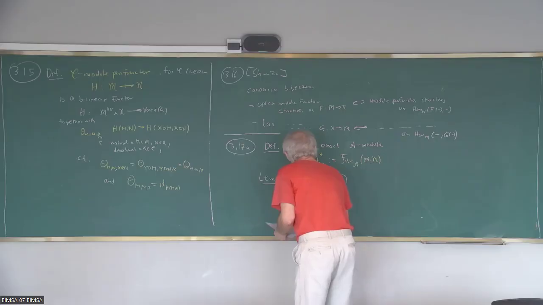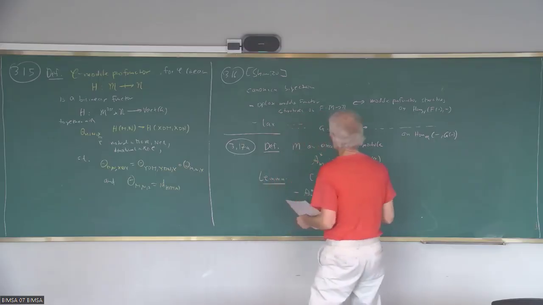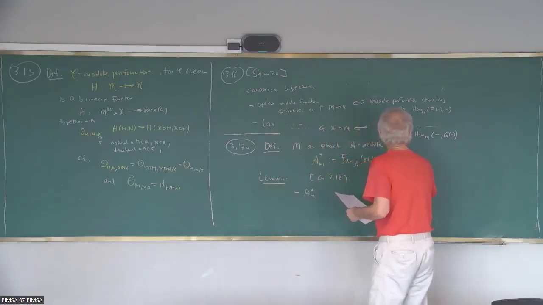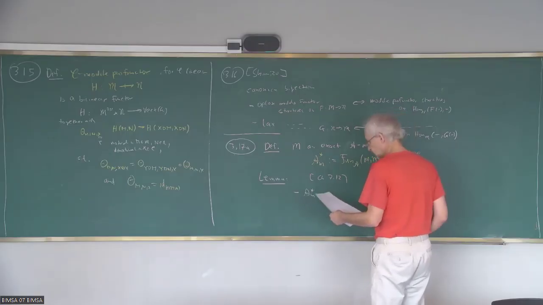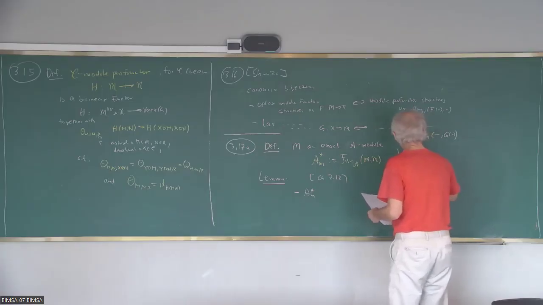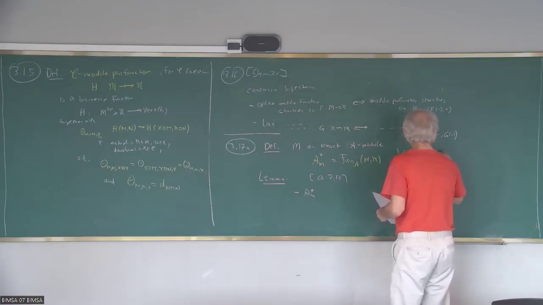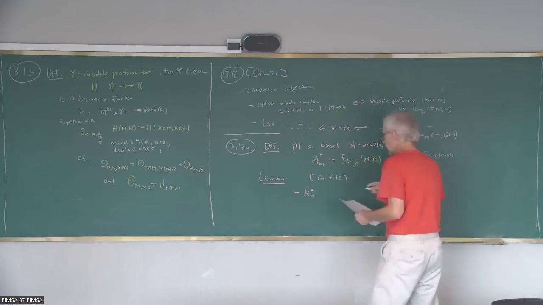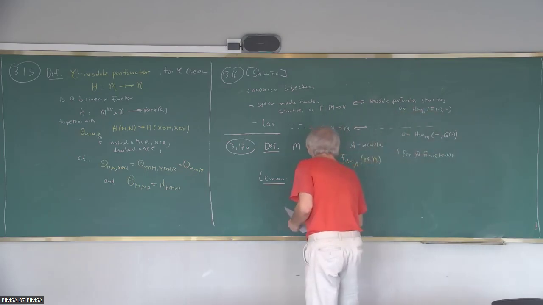So A M star, if we take A to be a finite tensor category, then A M star is in general a finite multi-tensor category.